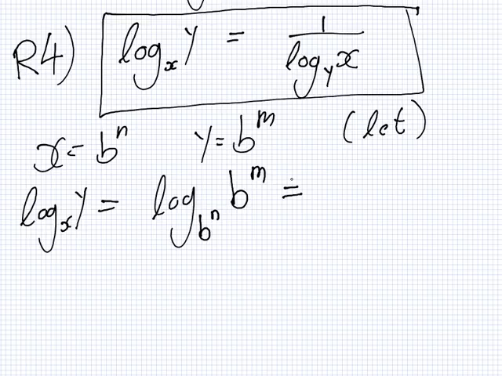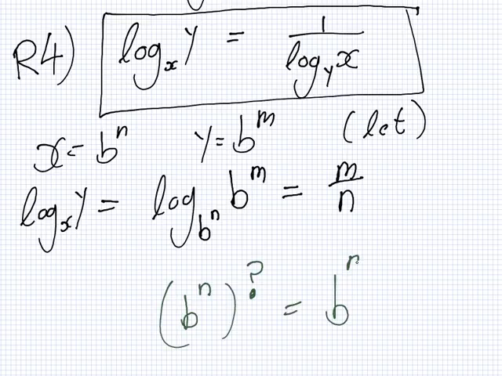If you just think really carefully, you can tell me what this equals. m over n. Because remember what this stands for. You're saying b^n to what power equals b^m. So what power do I put here to make this true? I could put m over n, because then these will cancel and I'll have my m that I want. So this here is m over n.